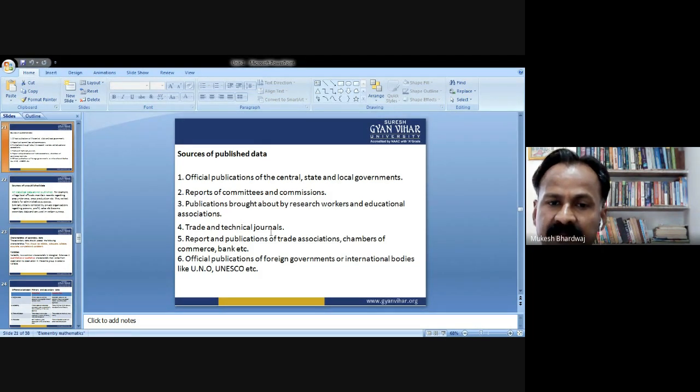Trade and technical journals, reports and publications of trade associations, chambers of commerce, banks, etc. Official publications of foreign governments or international bodies like UNO, UNESCO, etc. So basically, anything which is already published or submitted as a record, that is called sources of published data.